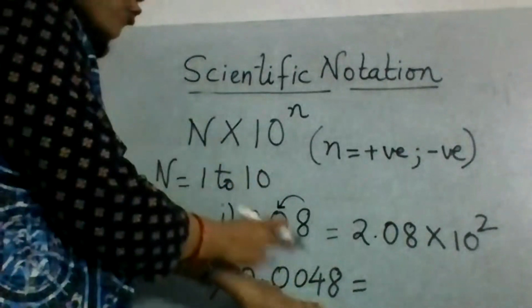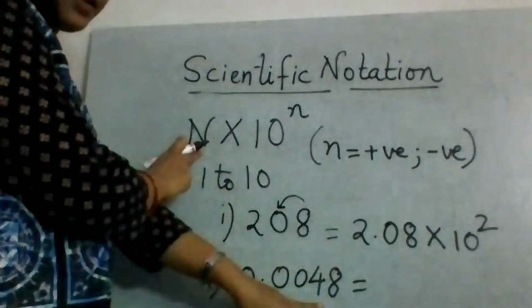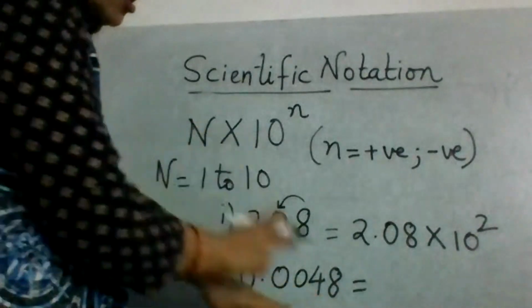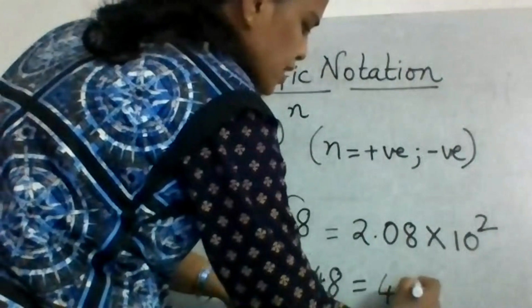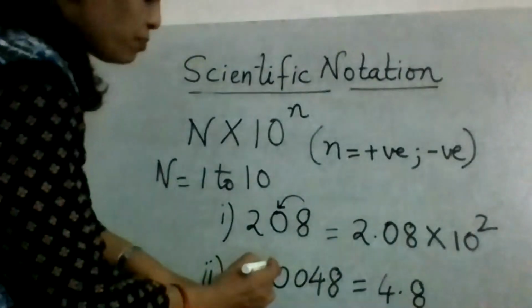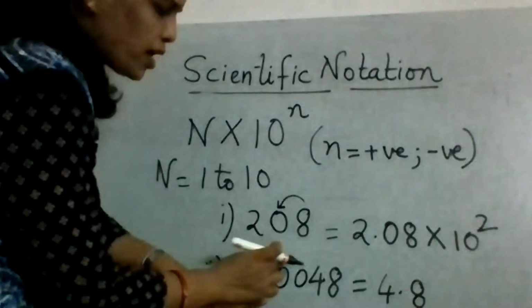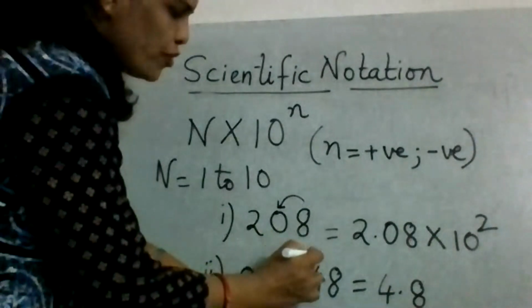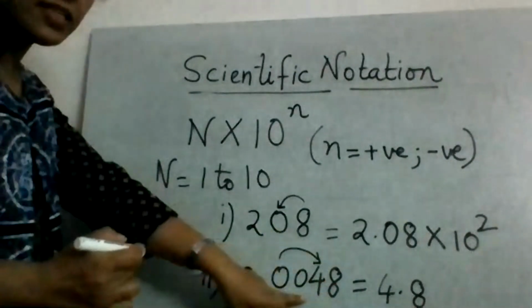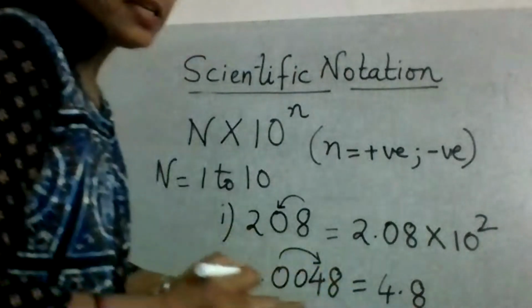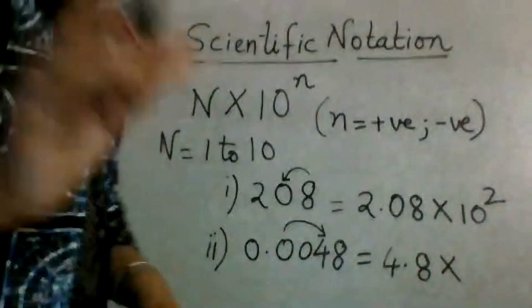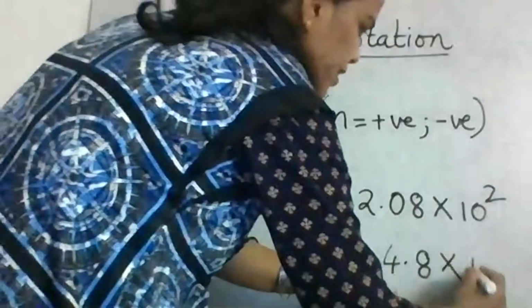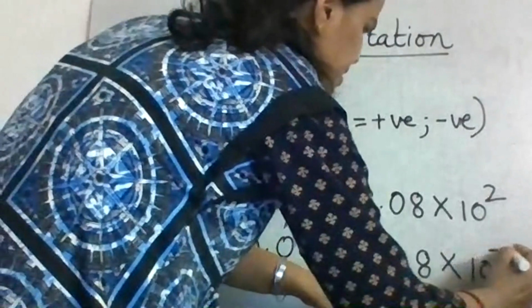So this 4 will be the value of capital N. Okay. So the answer for this becomes 4.8. How many decimal places have I moved? You see, this is 1, 2, 3. I have moved 3 places right. So if I move 3 places right, then my answer will be 10 raised to minus 3.